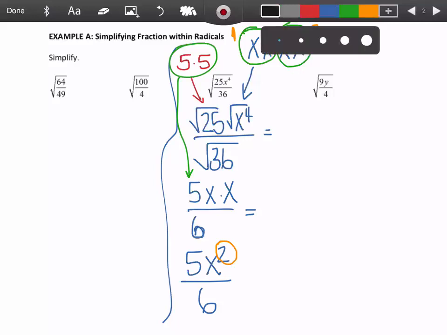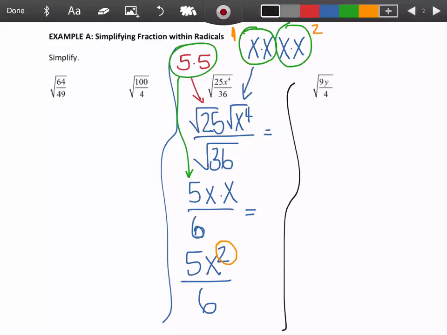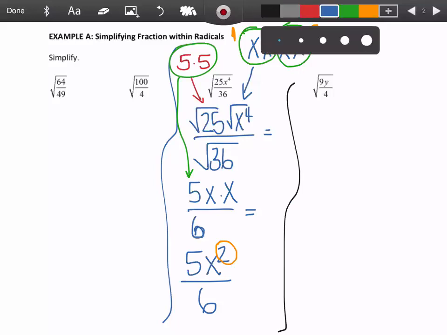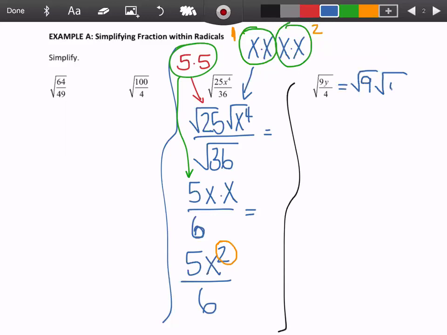So we're going to do the same thing with the square root of 9 times y over 4. We're going to separate it so that we have the square root of 9 times the square root of y over the square root of 4. Square root of 9 is 3. Square root of y stays for now.